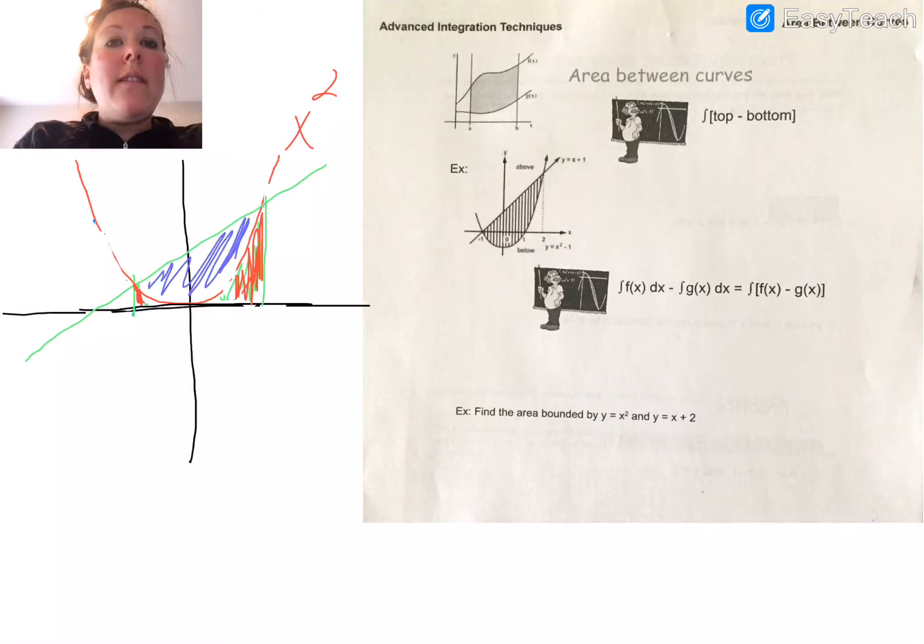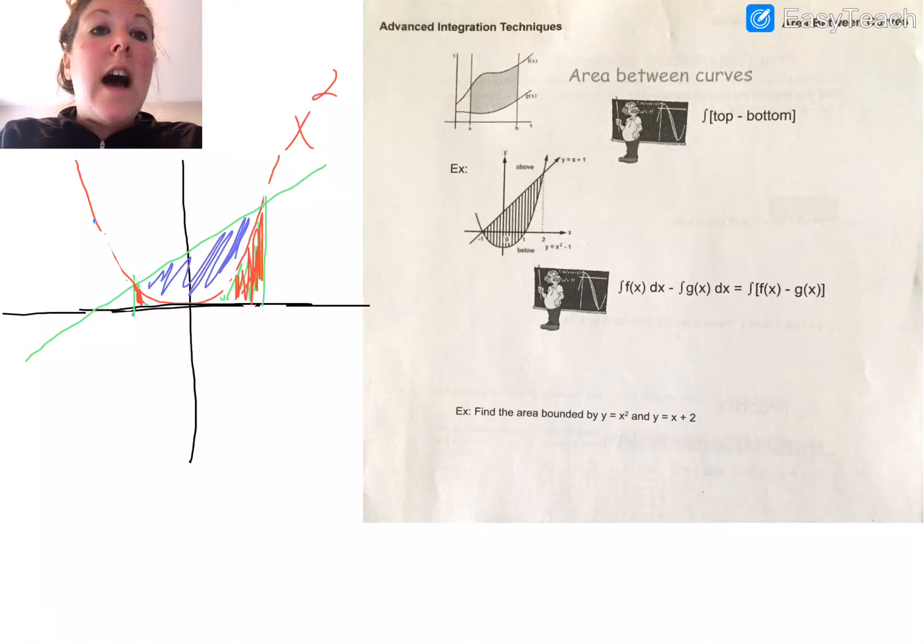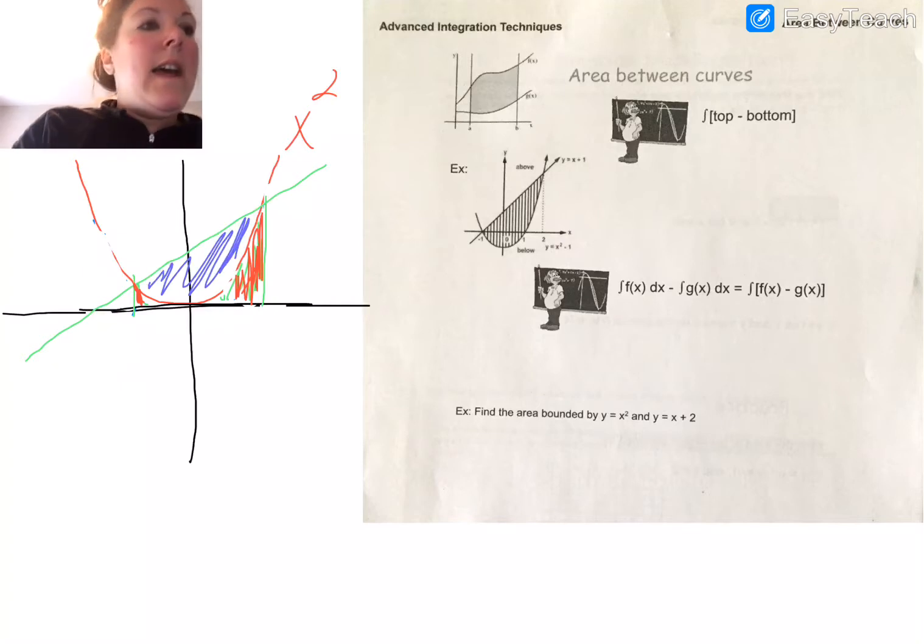So what that says is that if I want to find that purple area, the area between the two curves, I'm going to take all the area from underneath the linear function and subtract out all the area from underneath the quadratic function. And that is what we're going to look at for the next few minutes.